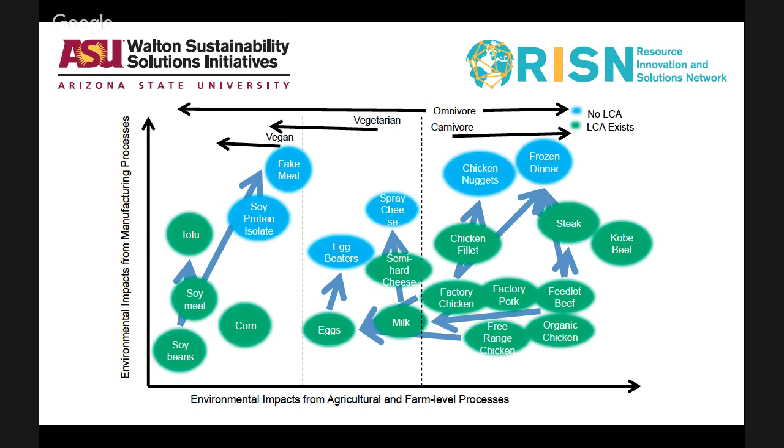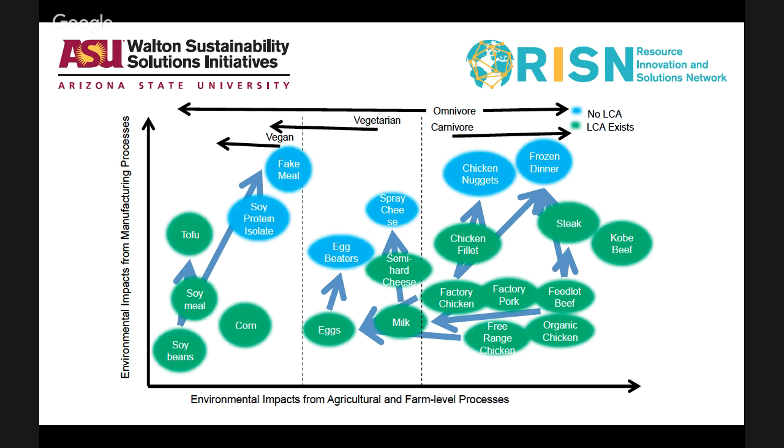So it turns out that if you want to make fake chicken or fake fish, you're now no longer farming it, you are chemical engineering it. So as we move towards not just tofu, but more sophisticated meat substitutes, we move up on the manufacturing side of the graph. That is, we move up vertically.